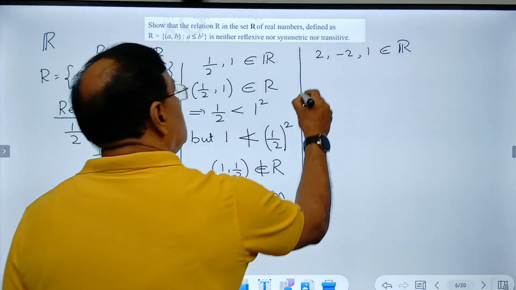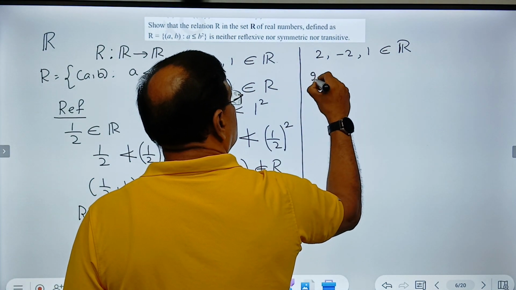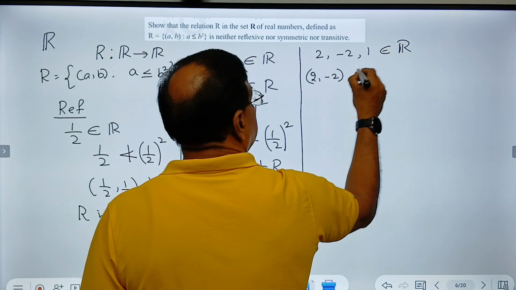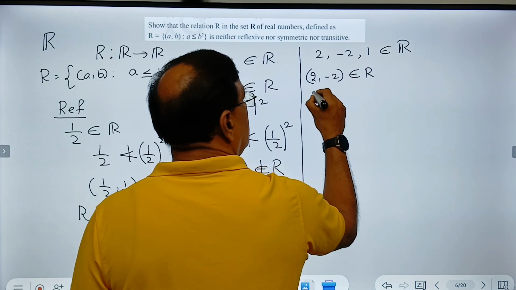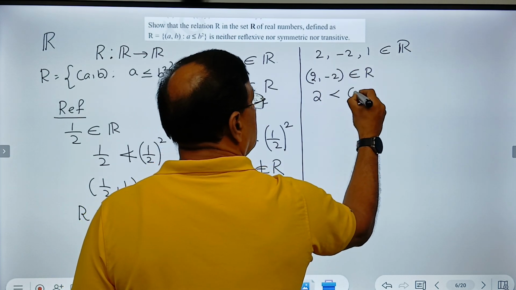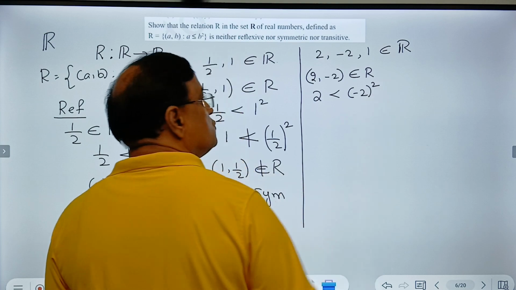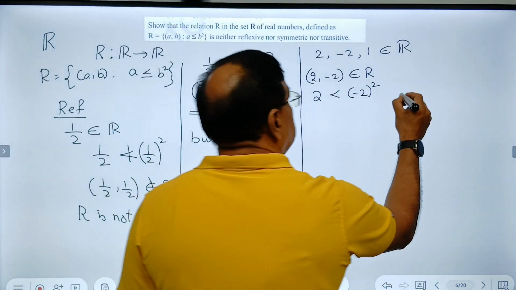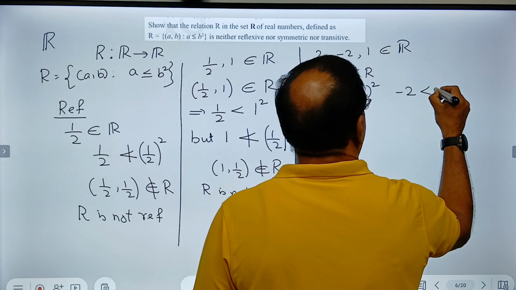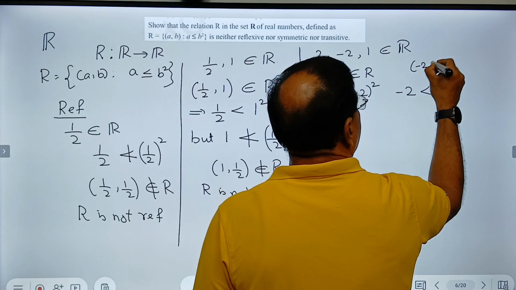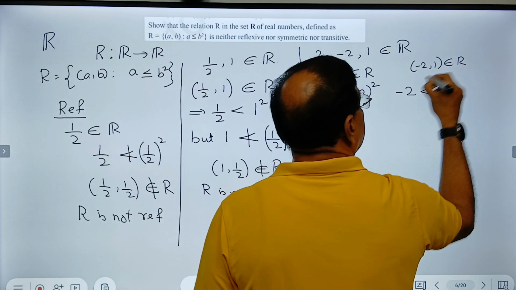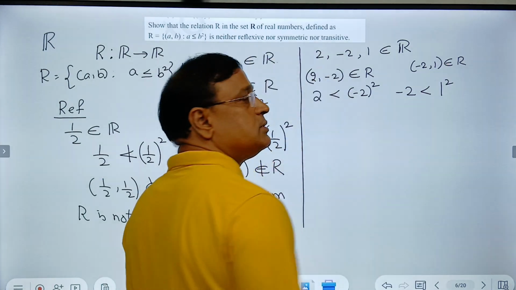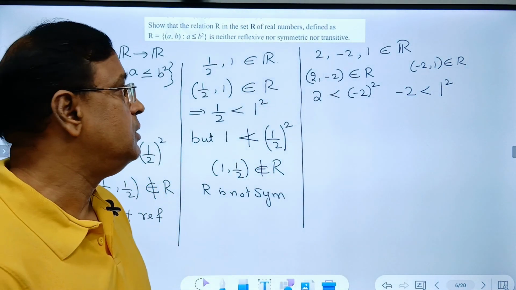Okay. Clearly, you can say (2, -2) belongs to R, isn't it? Why? 2 is less than (-2) squared. (-2) squared is 4. So obviously 2 is less than 4. Also, (-2, 1) belongs to R. Why? -2 is less than 1 squared, because a negative number is less than a positive number.